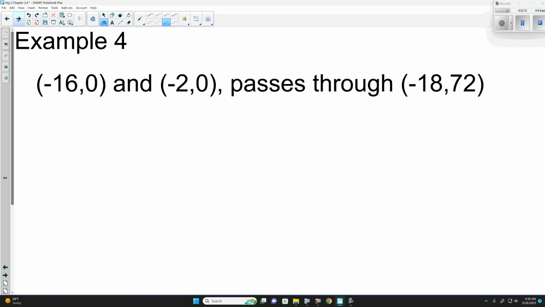Yes, because the x-intercepts are the points p comma 0 and q comma 0, because the y value at the x-intercept will always be 0.